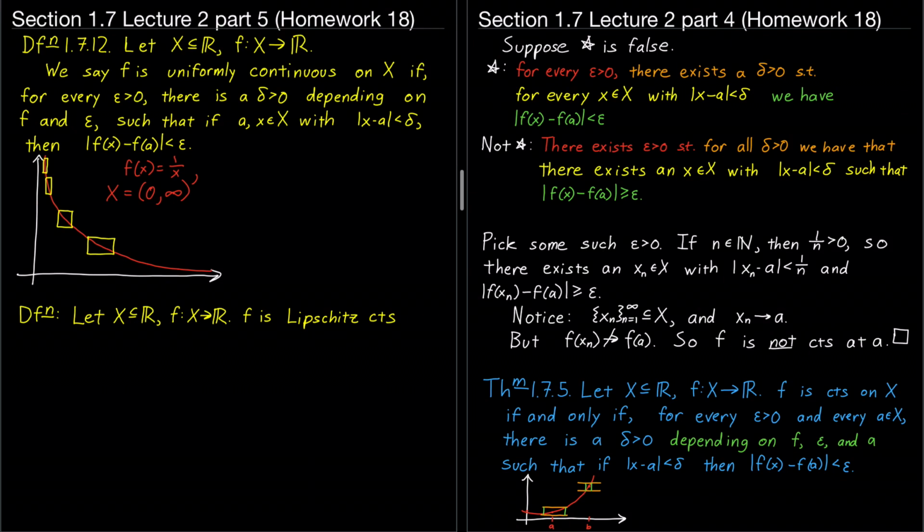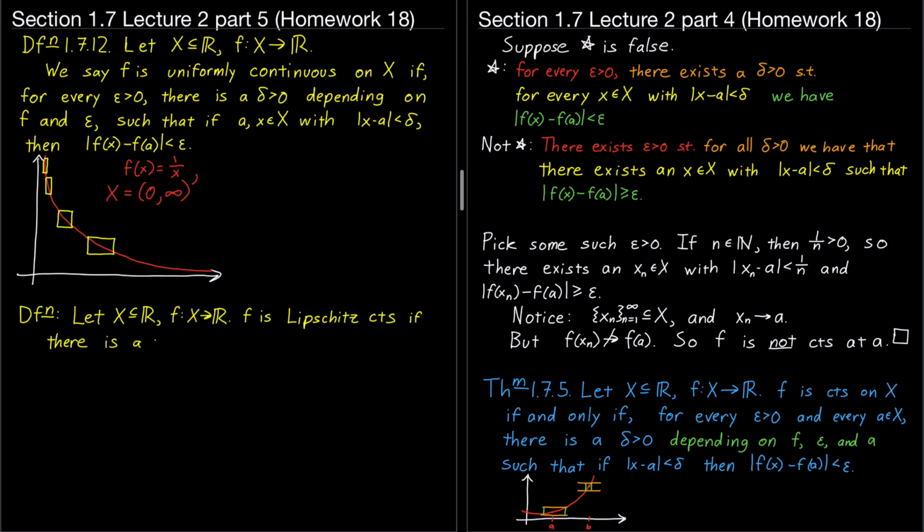And then uniformly continuous, you're not allowed to depend on a anymore. You can't have your delta not depend on epsilon. As epsilon gets smaller and smaller, delta has to get smaller and smaller. But Lipschitz continuous is sort of almost that good.